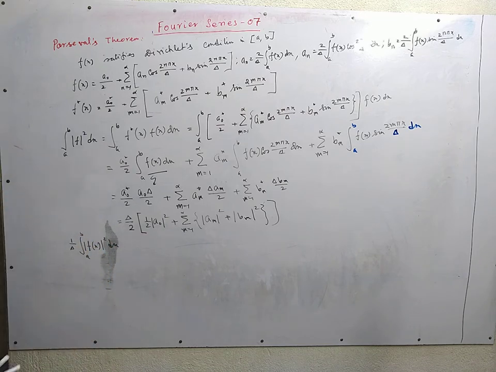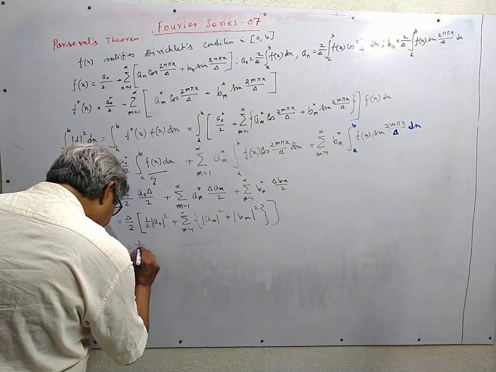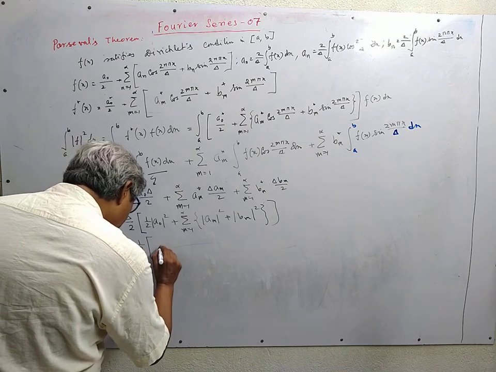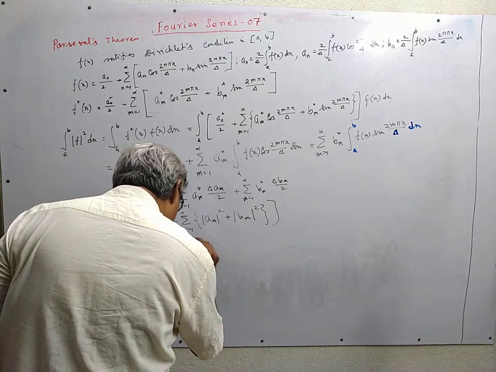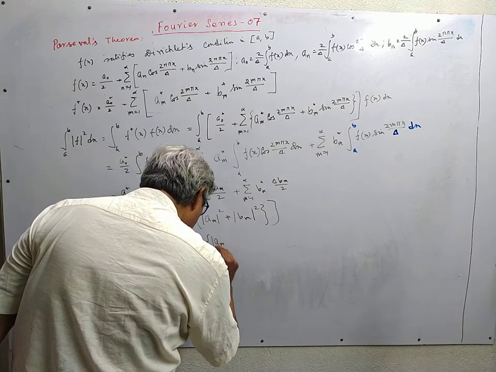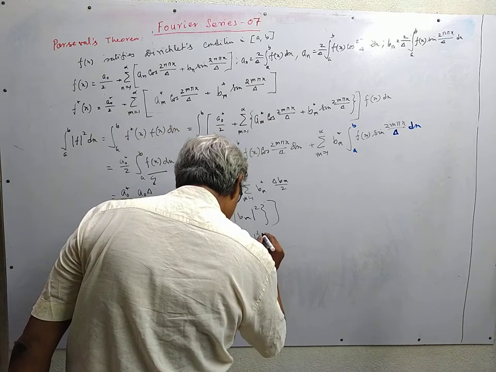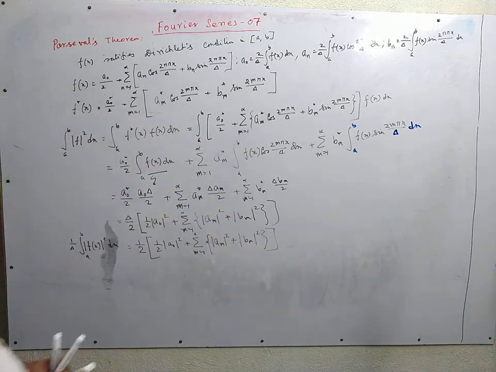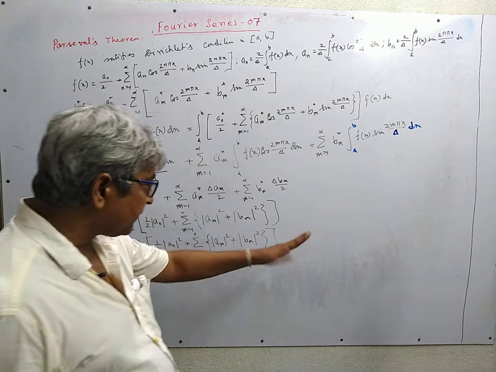This is the average value of the modulus square, and this is equal to half times... so this expression expresses the average value of the modulus square of the function in terms of the Fourier coefficients.